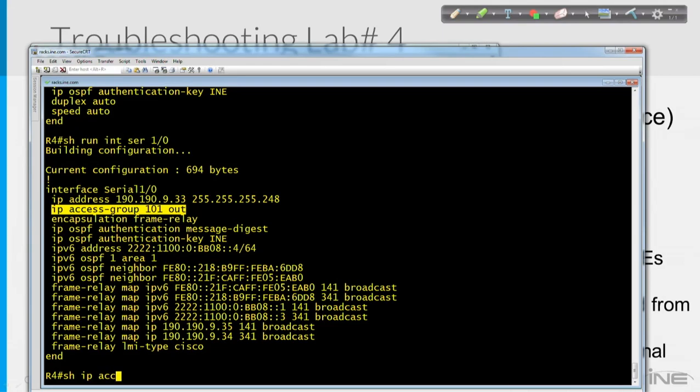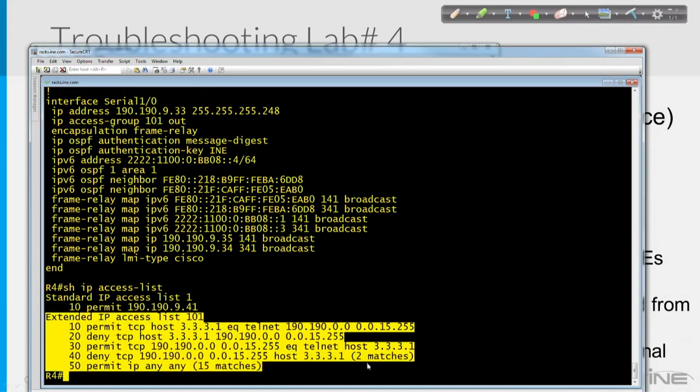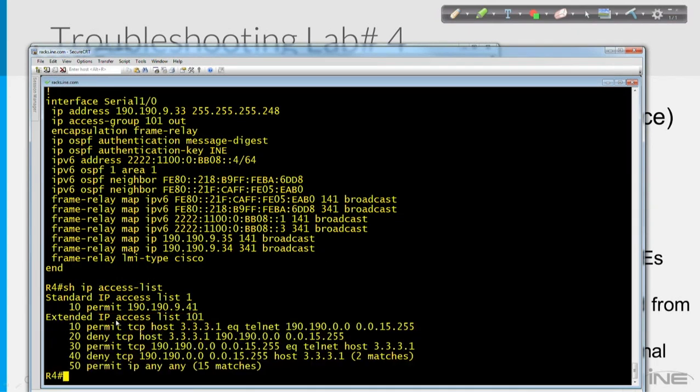Show IP access-lists. And here is 101. Remember, this is being applied in the outbound direction from serial 1/0. Okay, let's take a look at this. This would permit TCP from a source of 3331. Well, we can stop right there, because outbound on serial 1/0 will not have a source of 3331.